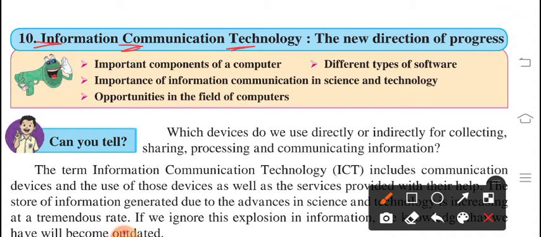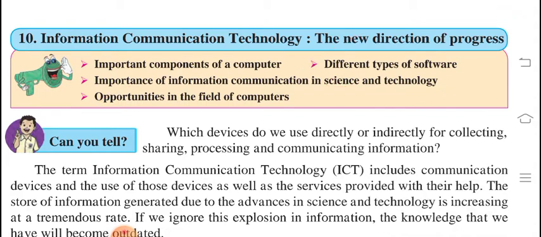In this chapter we are going to study the new direction of progress, and the important topics are components of computer, importance of information communication in science and technology, opportunities in the field of computers, and different types of software.